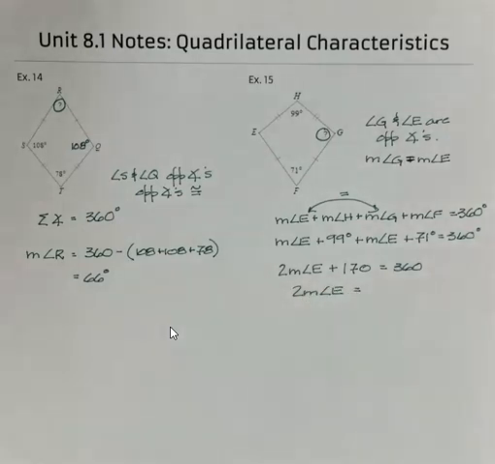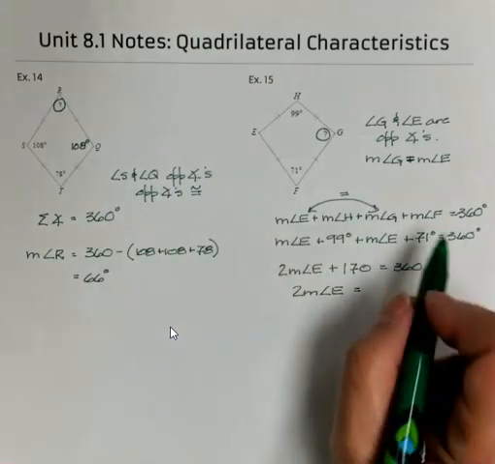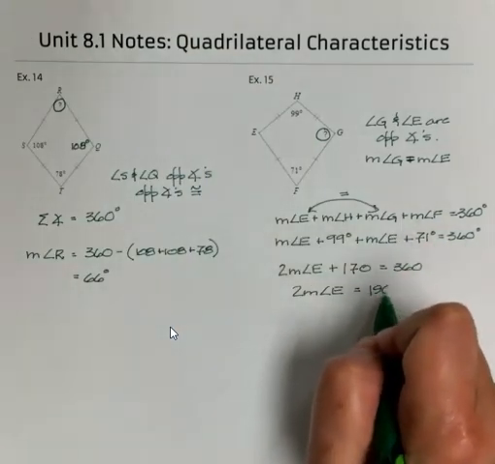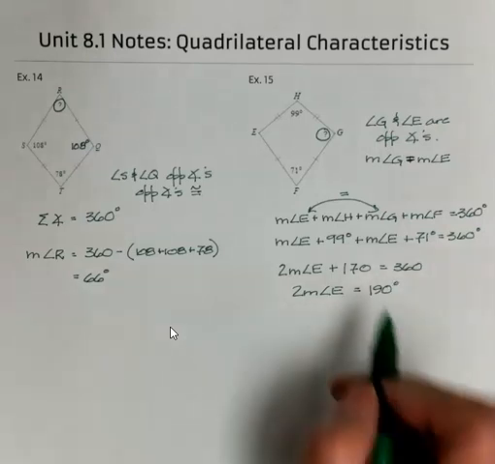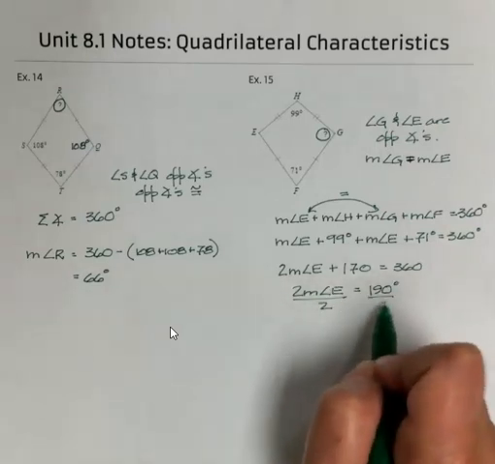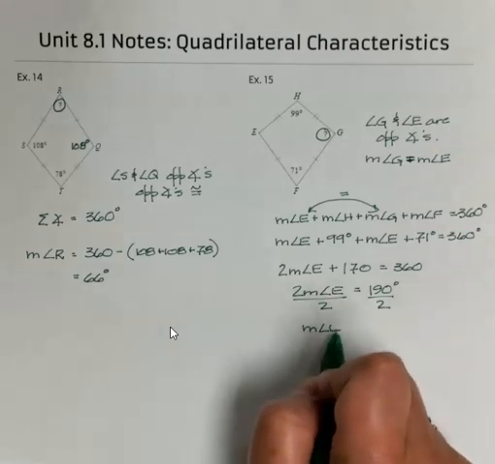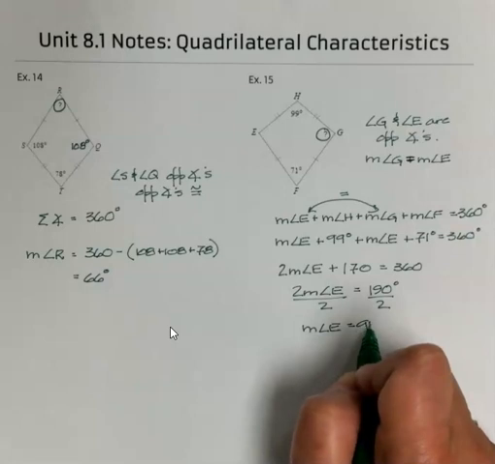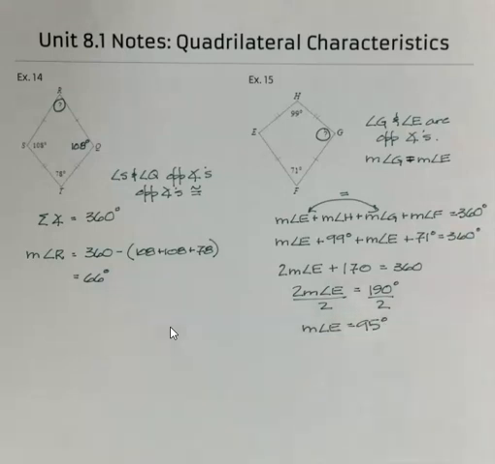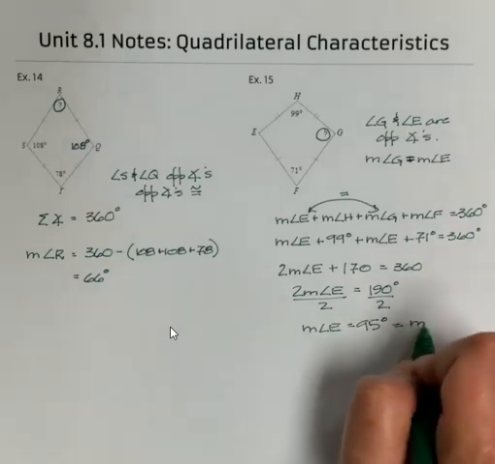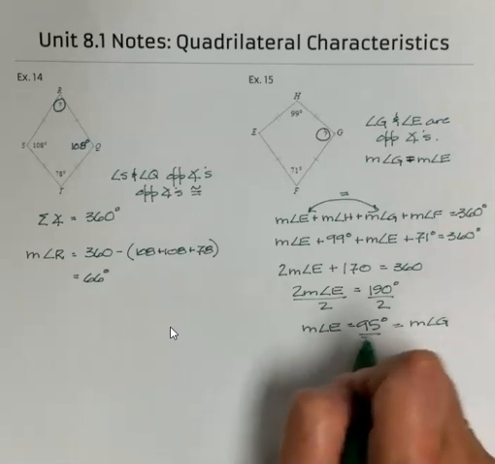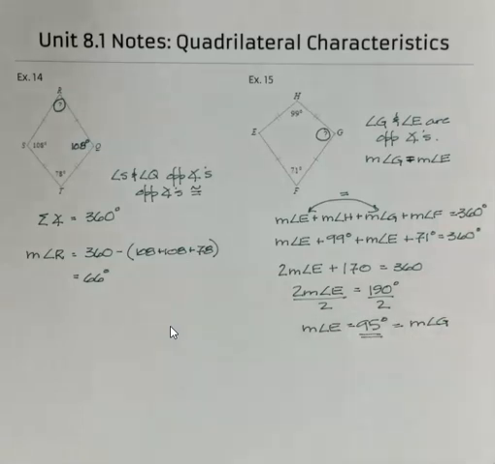Subtract 170 from 360, and we get 190 degrees. Then divide by 2. Measure of angle E equals 95 degrees, which also equals the measure of angle G. So it is 95 degrees.